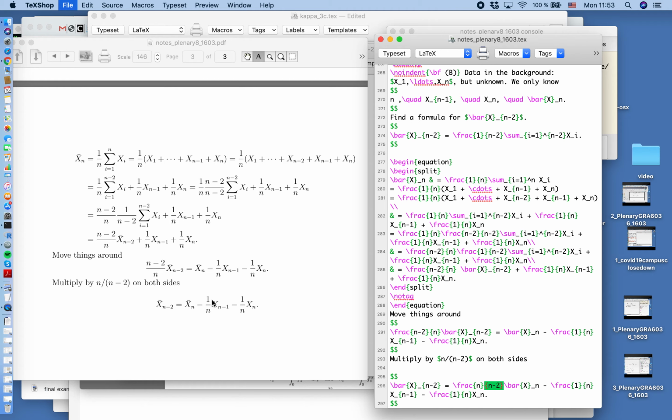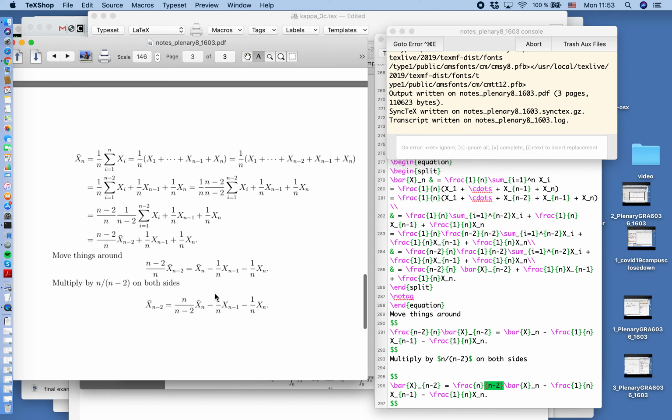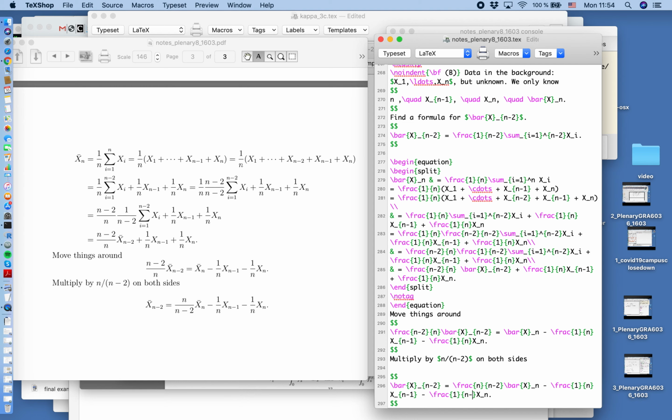And if we multiply this by n divided by n minus 2, then this goes away. So we get n minus 2, and the same thing here.